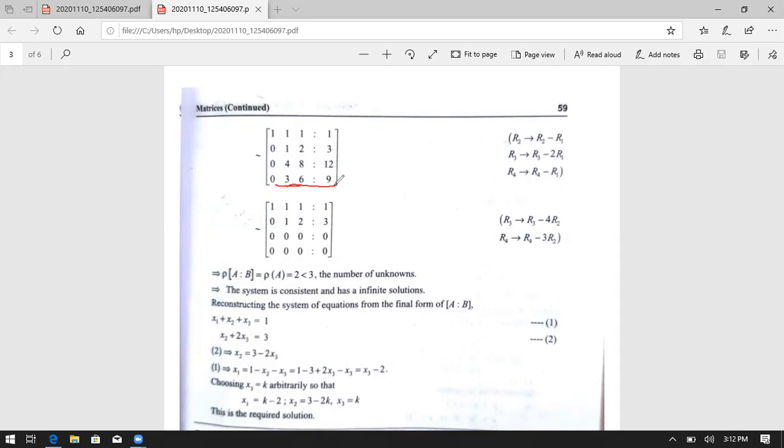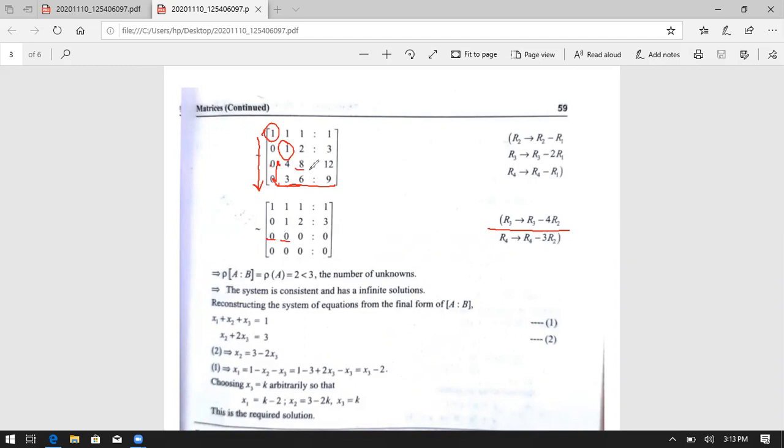Next, see here, the first one is unity and the elements below it are 0. In the second column, the second element is also unity. Then our next step is that 4 and 3 are there, replacing them with 0 and 0. That's why the next operation is R3 equal to R3 minus 4R2. R2 is 1 and R3 is 4, so 4 minus 4 is 0, 0 minus 0 is 0.